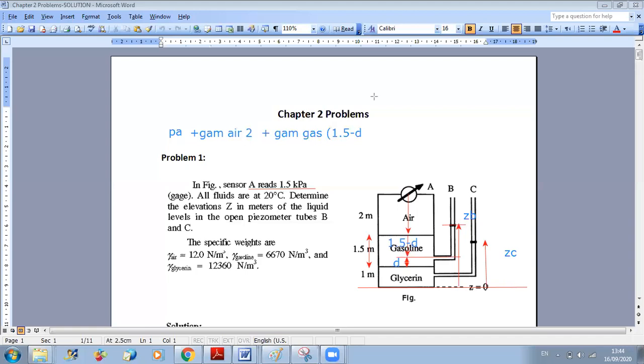Okay. Now, after we are at this level, we will go up this distance. So we will go upward now by this distance. Now, who can tell me how can I find this distance? What is this distance?